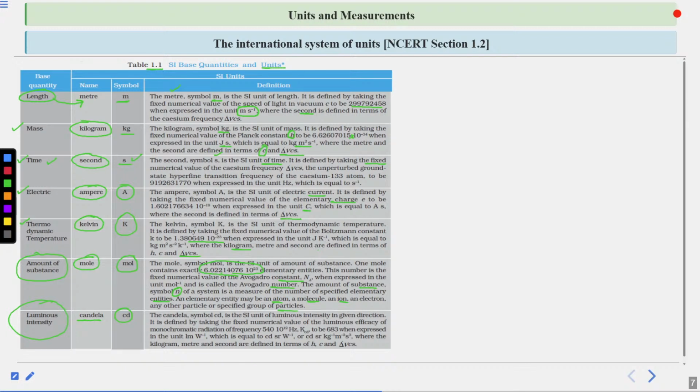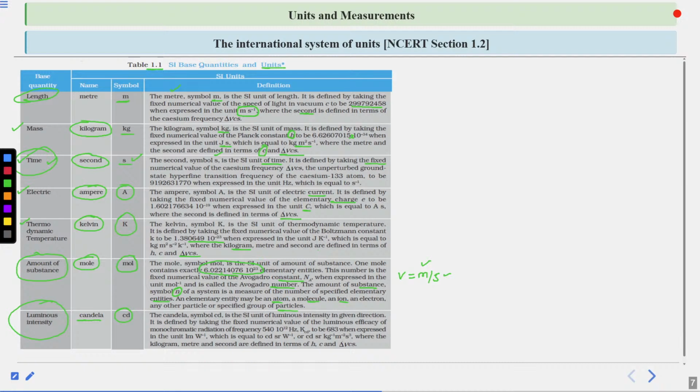Suppose one example, velocity. How can we find velocity? The unit is meter per second. Velocity is meter per second. It means distance upon time. Here meter and second are the base units. Meter specifies length, and second specifies time.